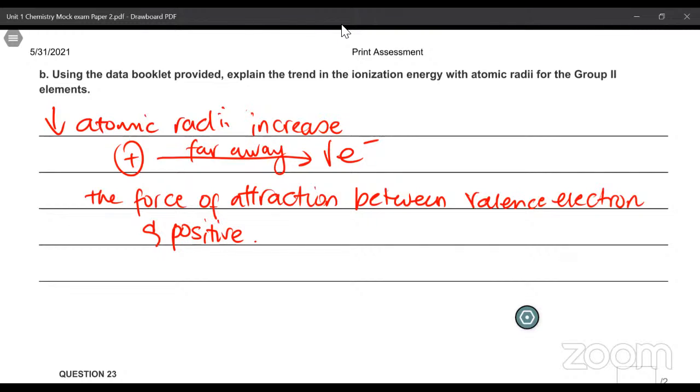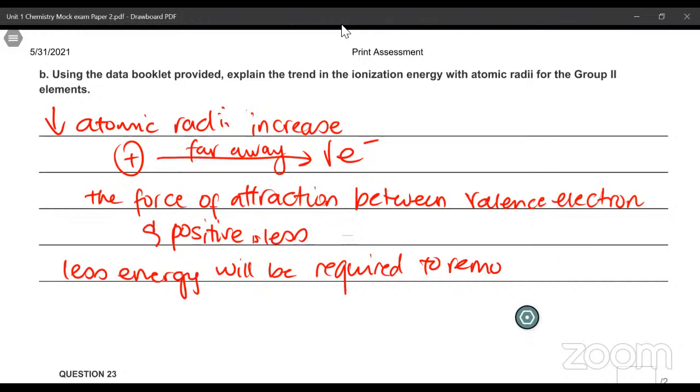That's the reason, right? So the force of attraction is less as you get further away from the nucleus, so less energy will be required to remove an electron.